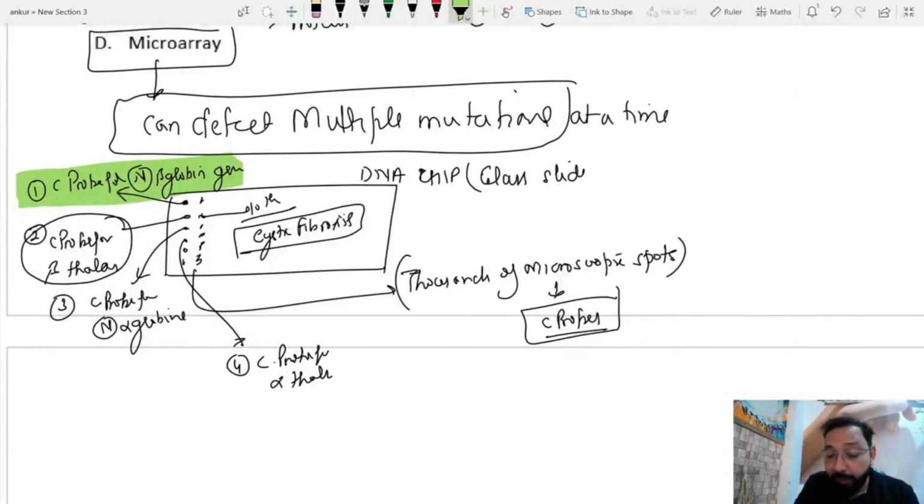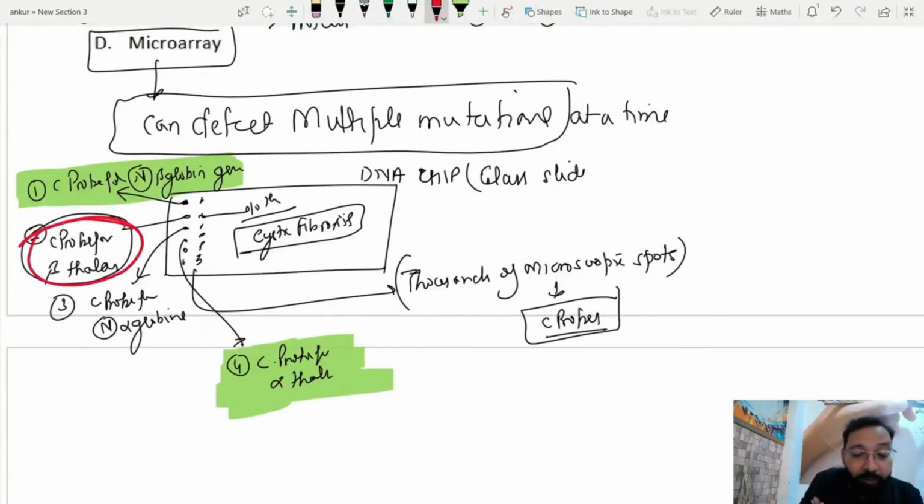If the patient has alpha thalassemia, then the complementary probe for alpha thalassemia will bind to the mutated gene, the alpha thalassemia gene. And for this patient, the second and third positions would be vacant. Suppose this patient also has cystic fibrosis, then the mutated cystic fibrosis gene will bind at position 10th.